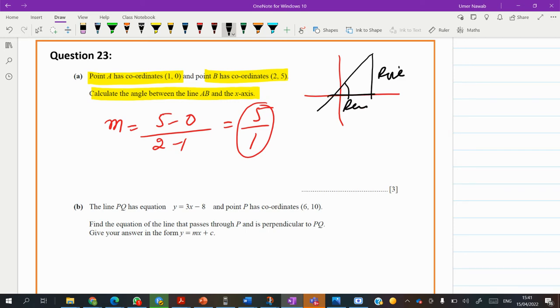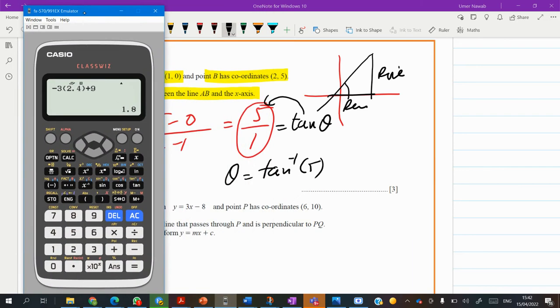Rise over run is also equal to tan. And we found the gradient. The gradient is 5 over 1. It is equal to rise over run. So can I say it is tan theta? So send the tan to the other side. So theta is equal to shift tan of 5. This angle is an angle which is made by the line with the x-axis.